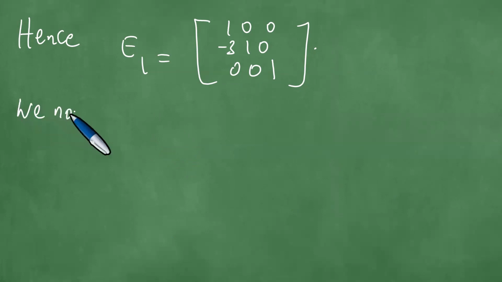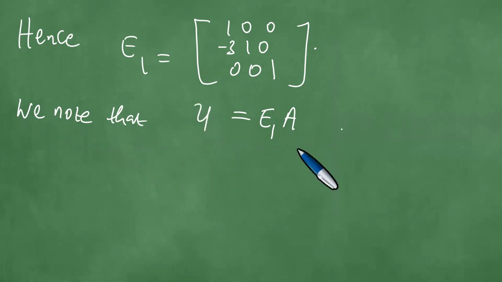We note that we were initially given the matrix A, we applied this elementary row operation, meaning we got an elementary matrix, and that produced an upper triangular matrix.